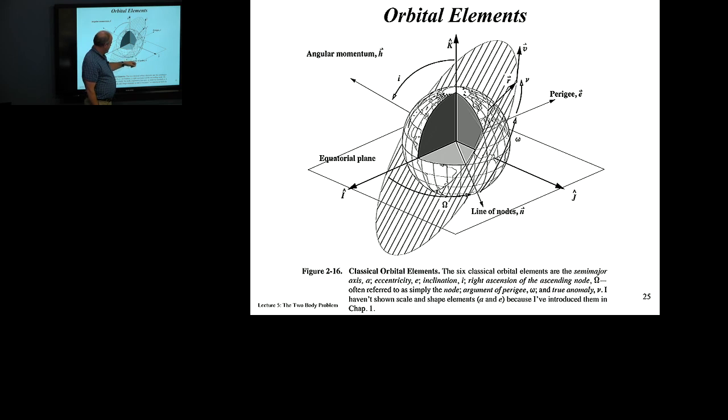So the angle between the line of nodes and the eccentricity vector is little omega, the argument of periapsis. Then the other angle we need is this one up here, the inclination. So that's the angle between the angular momentum vector and the z-axis.